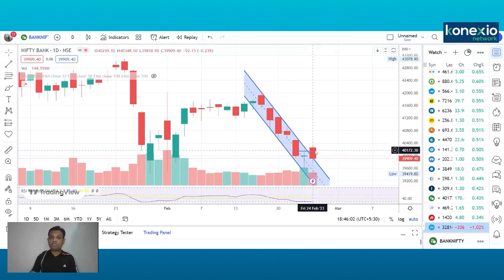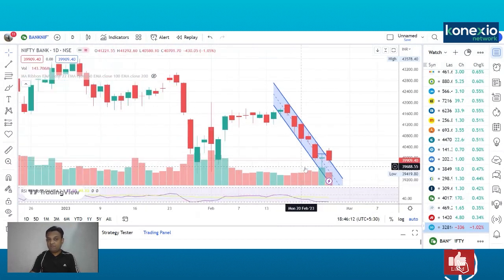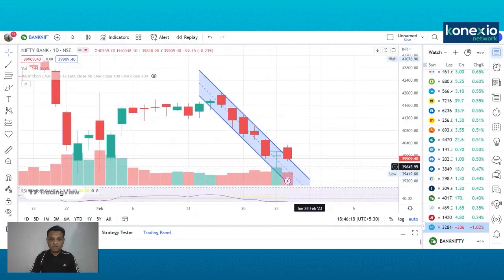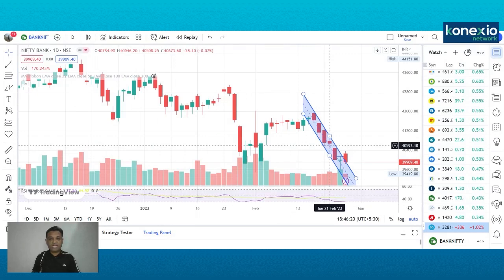Nifty has closed near its weekly low, but Bank Nifty has managed to close above its swing low. So compared to Nifty, Bank Nifty is stronger. Now looking at this pattern, what could be the trend for the next week?